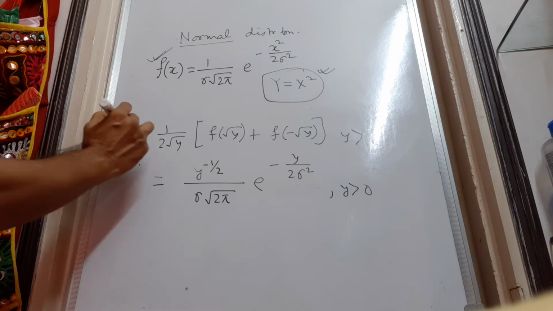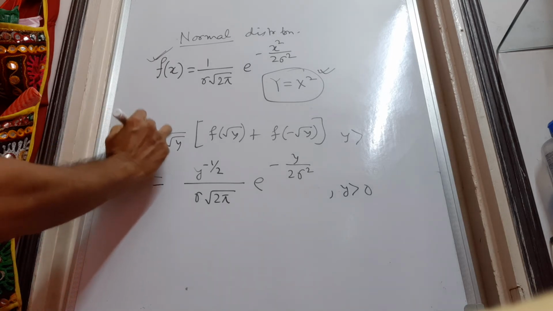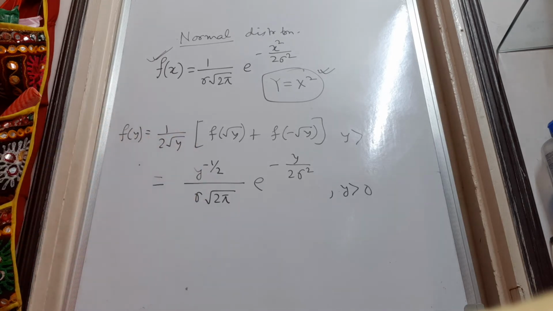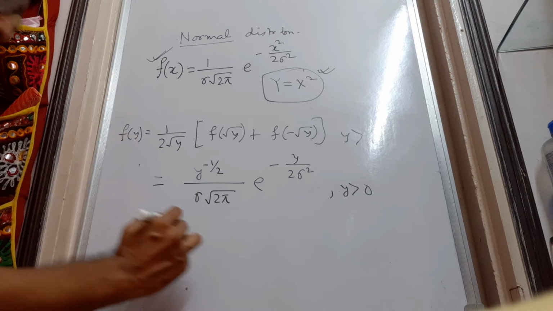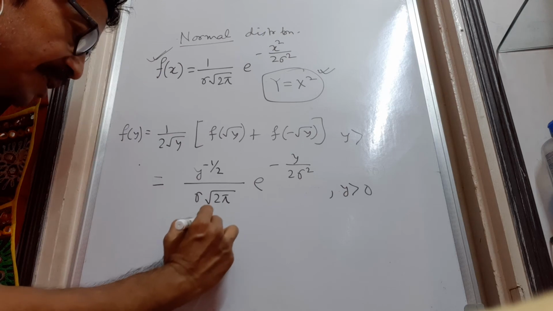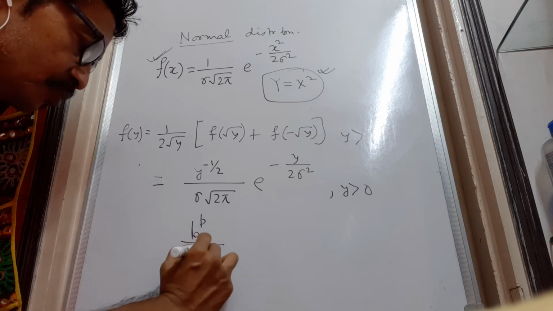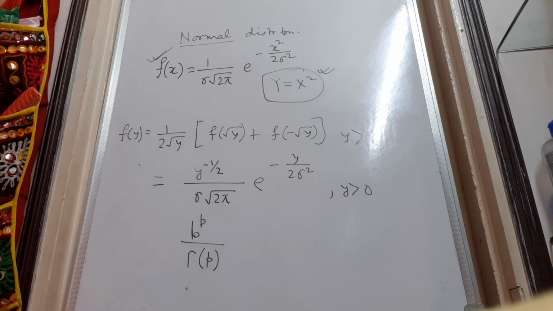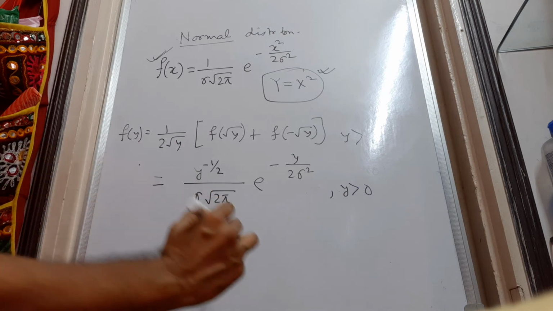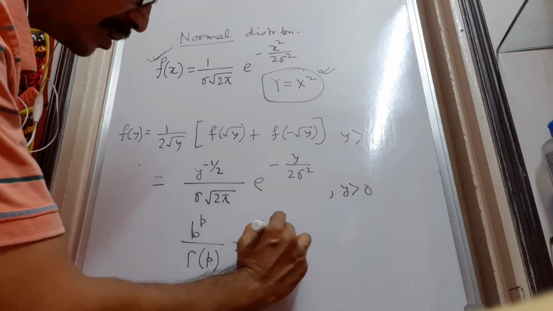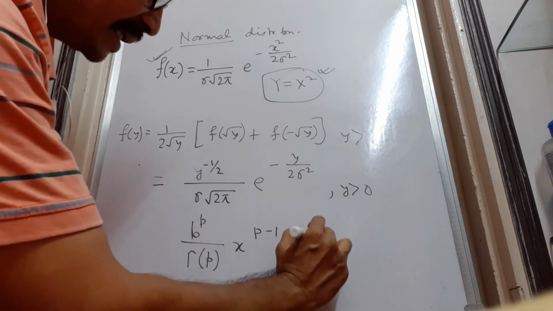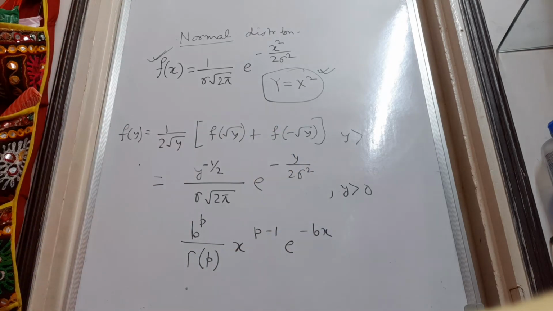Now, why have I written it like this? Because we intend to compare this with the gamma distribution, which is b to the power p by gamma of p, and then x to the power p minus 1 e to the power minus bx.